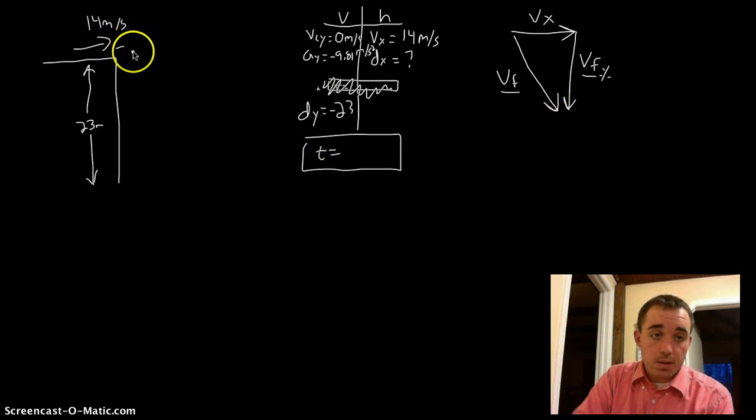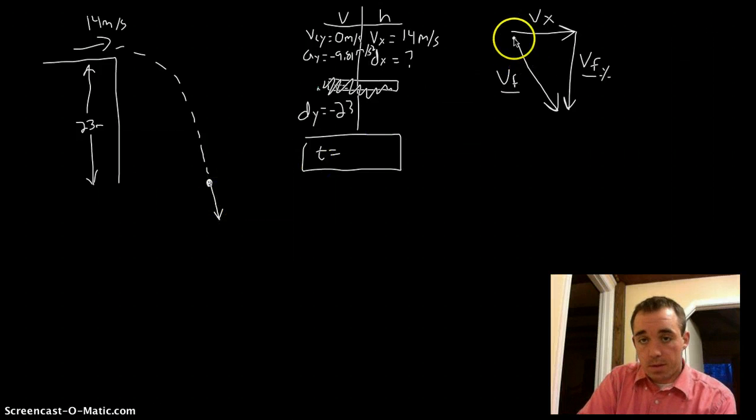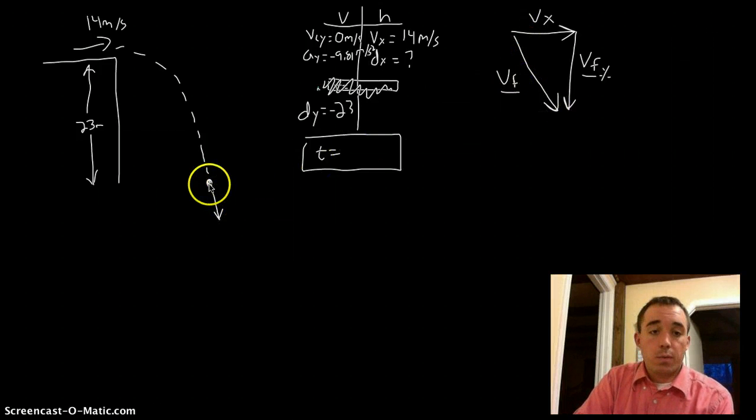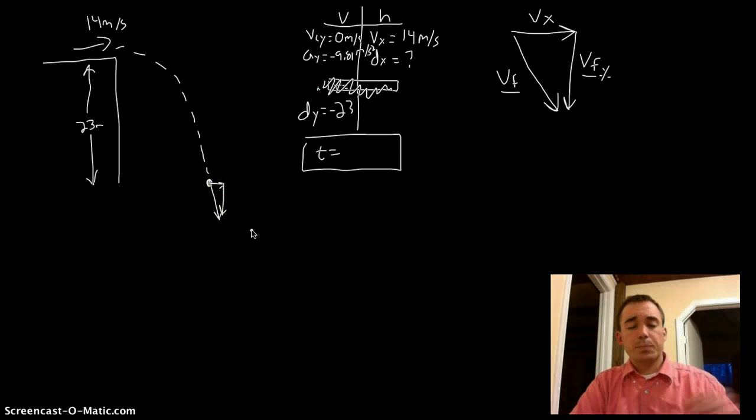So the cow's going to fall down, and right before it hits the ground, it's going to be traveling both downish and outish. This arrow is the same as the hypotenuse, and we have to find how far out and how fast down the cow is going.